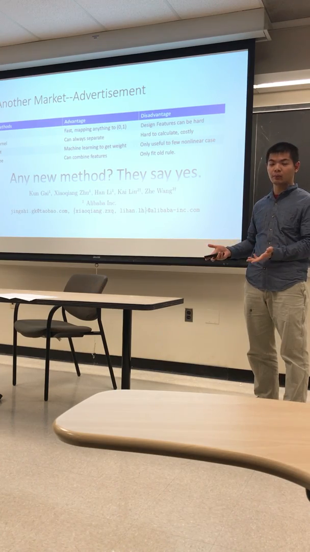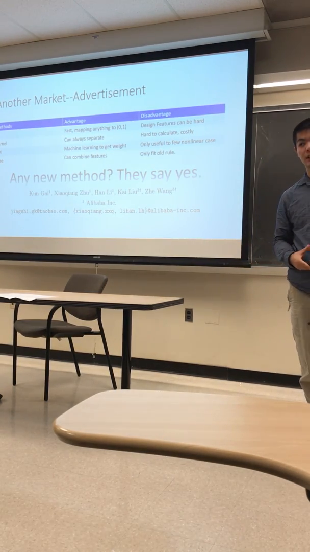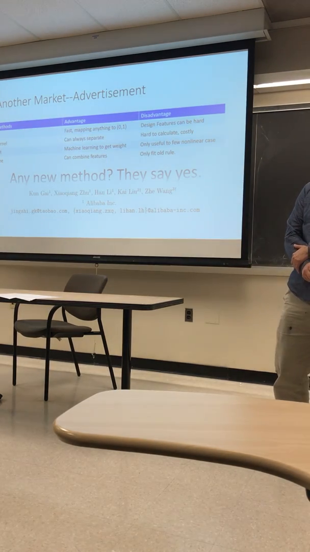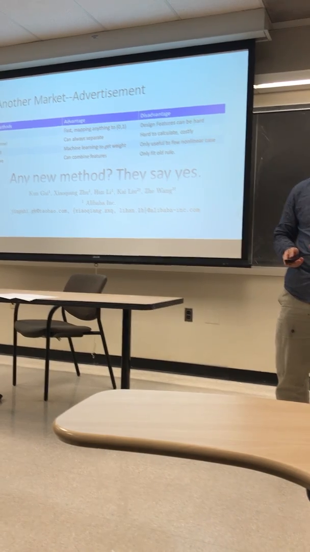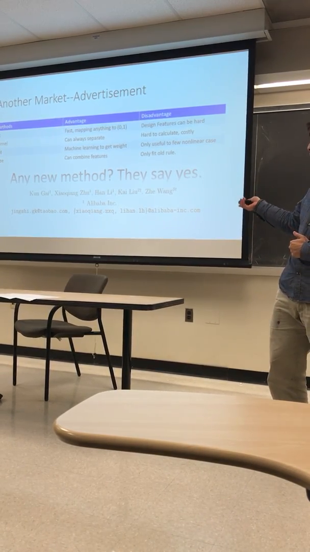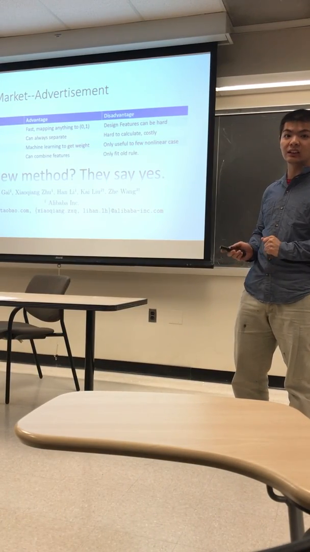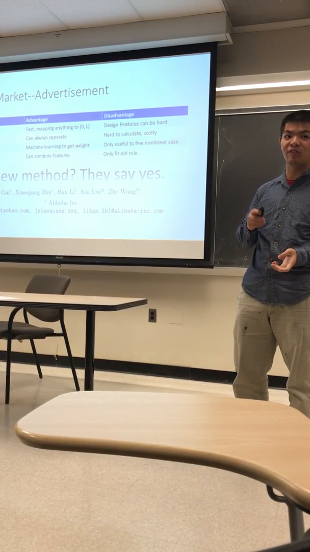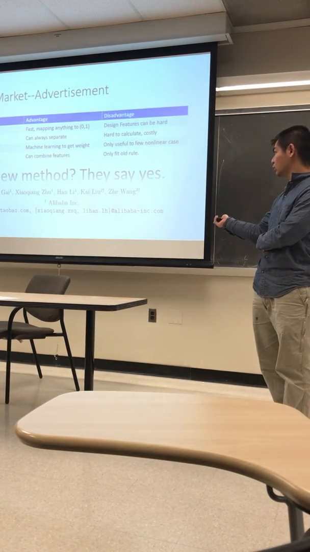Sometimes they are difficult to implement, sometimes they overfit, sometimes you need to produce manufactured features, which might be costly. So some people working for the Alibaba company claimed that there is a new algorithm which can be fast, accurate, and good. And here we are going to talk about it.